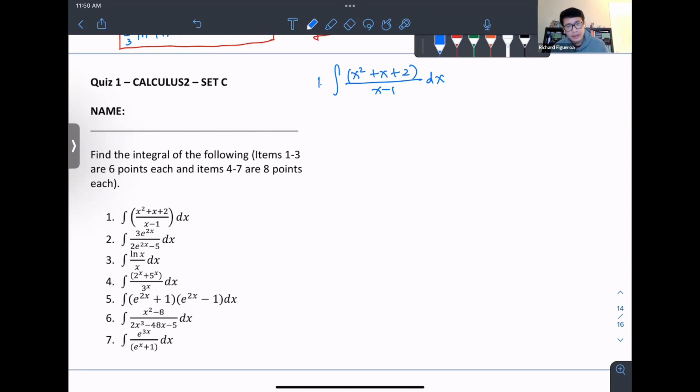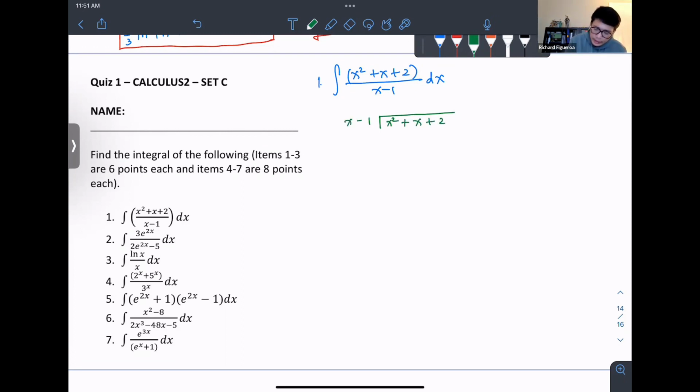If you can factor it out, okay, but the factors of 2 are 2 and 1 only, and we cannot get the x at the middle term. So there's no factor for x squared plus x plus 2. So what we're going to do is we divide x squared plus x plus 2 by x minus 1.